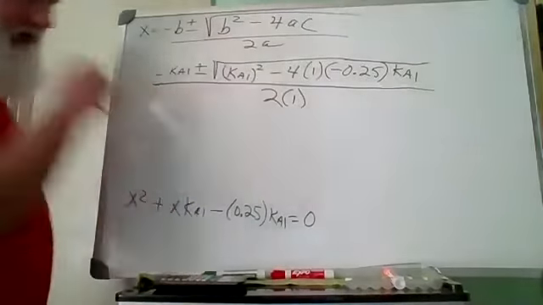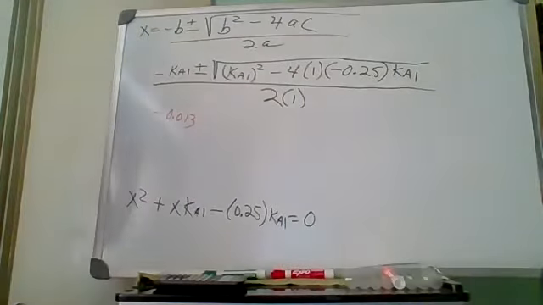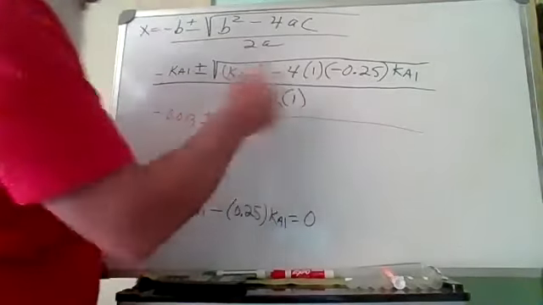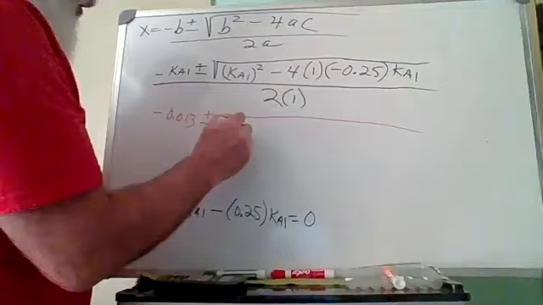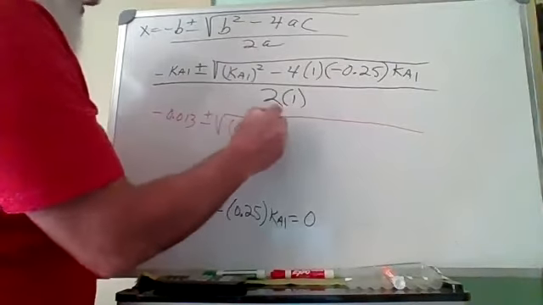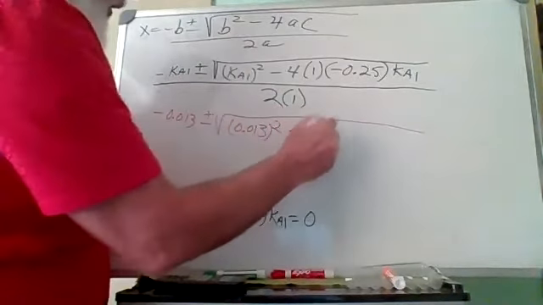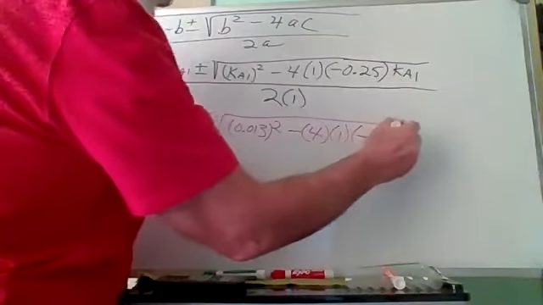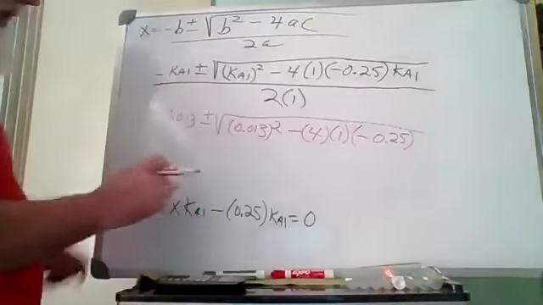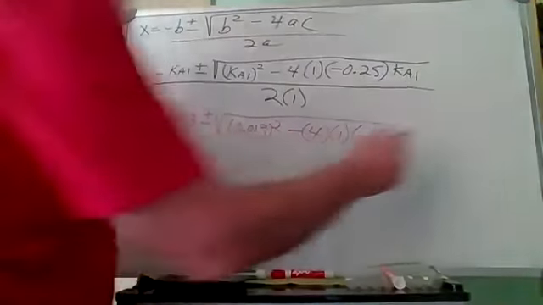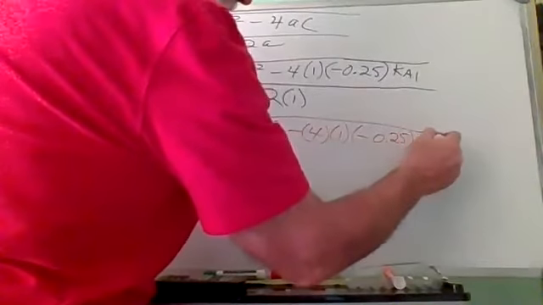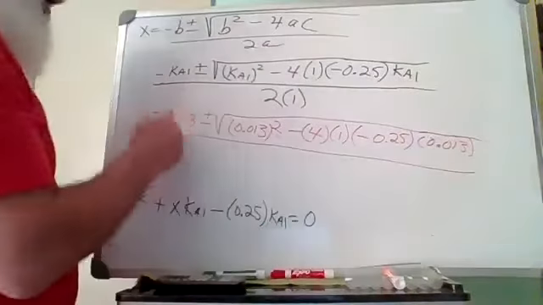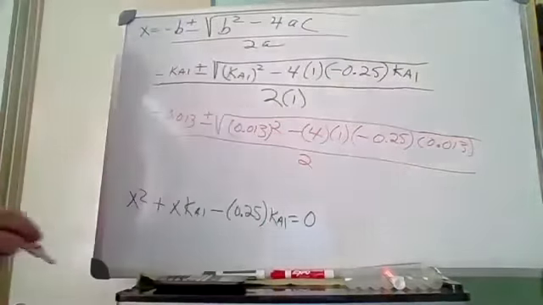So that's why I'm picking a different color here, because I don't have a lot of room to work with. Plus or minus the square root of B squared, which is 0.013 squared minus 4 times 1 times negative 0.25 times Ka1, which is 0.013, divided by 2.